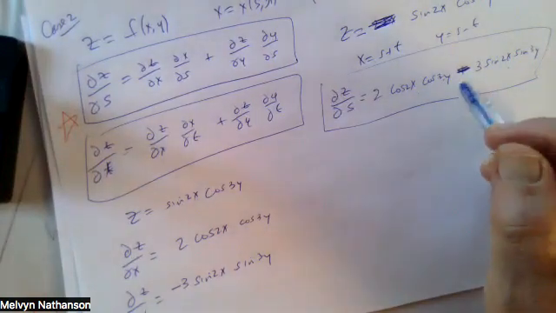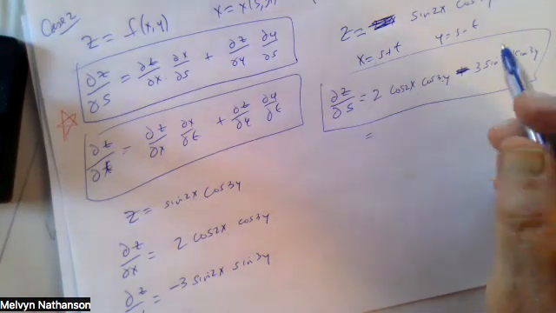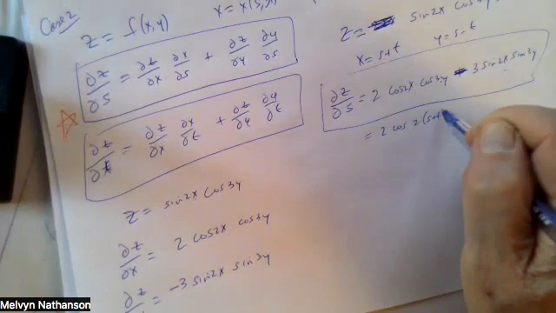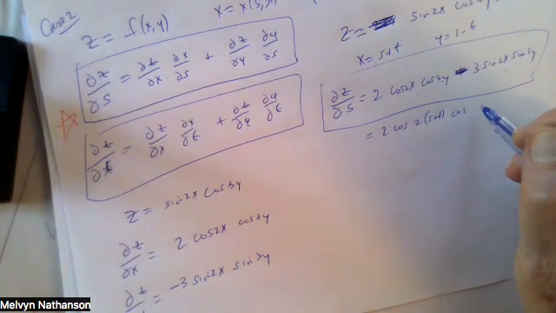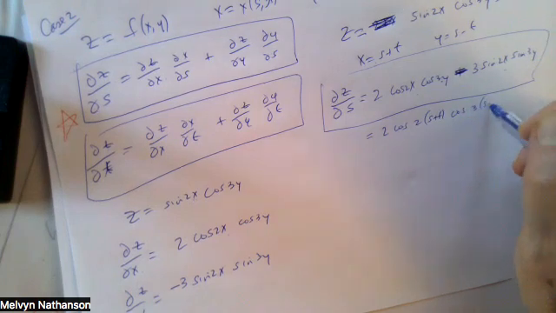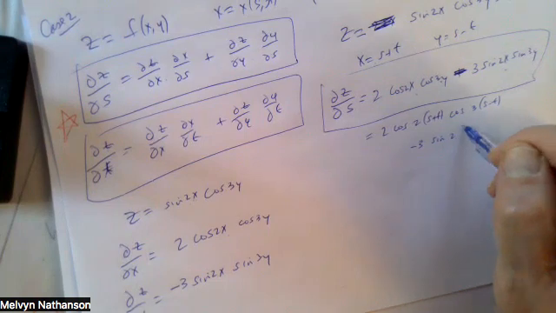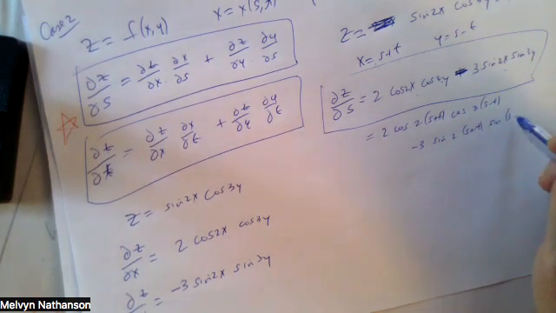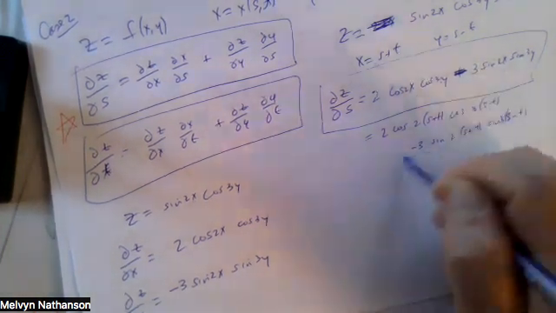So that's the answer, but then if you put in what s and t are, you get 2 times the cosine of 2s plus t, cosine of 3s minus t, minus 3 times the sine of 2s plus t, sine of 3 times s minus t.